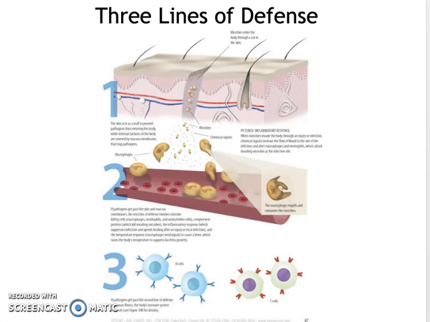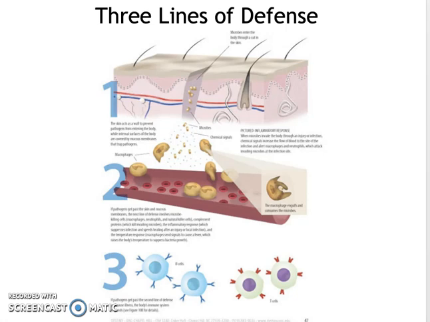Finally, we have the tertiary line of defense, or the third line of defense. This includes the white blood cells known as the B cells and T cells. These cell types are found around the body and work system-wide by specifically recognizing pathogens and destroying them.